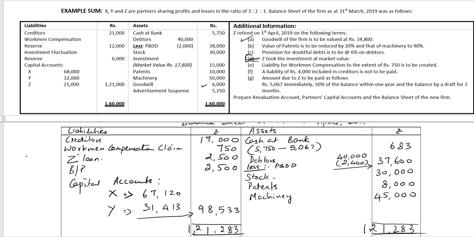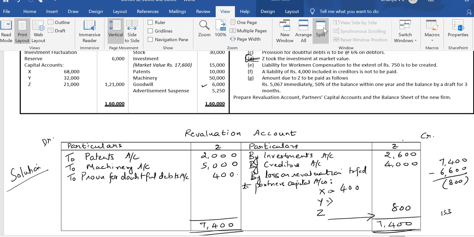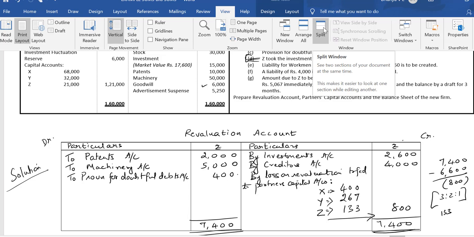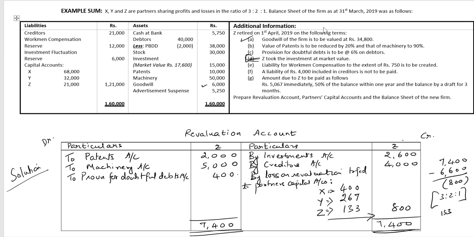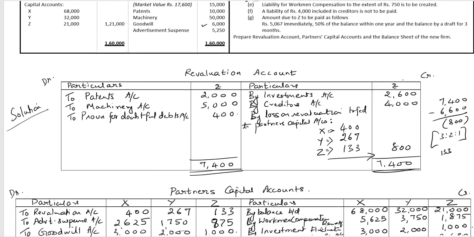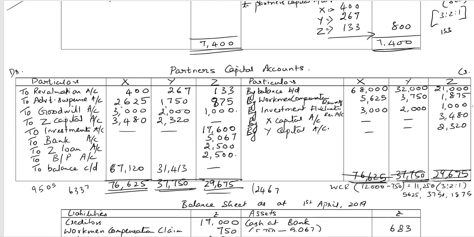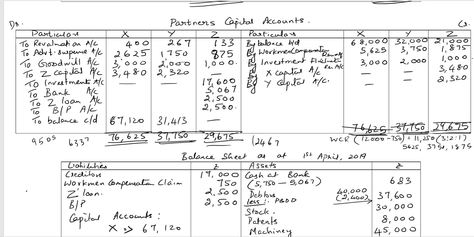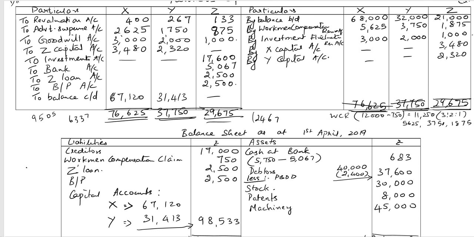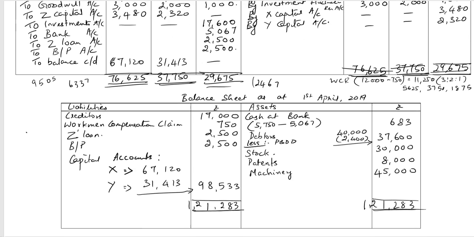I'll remove the split and we can view the entire sum together. We began with the revaluation account, followed by the partners' capital accounts, and then the balance sheet.